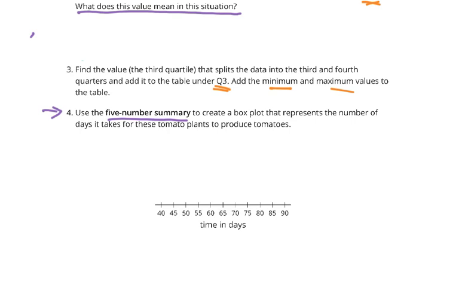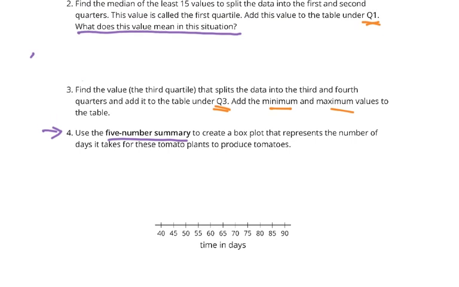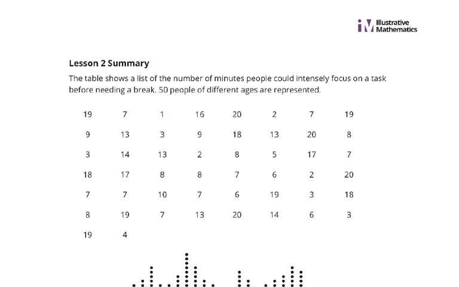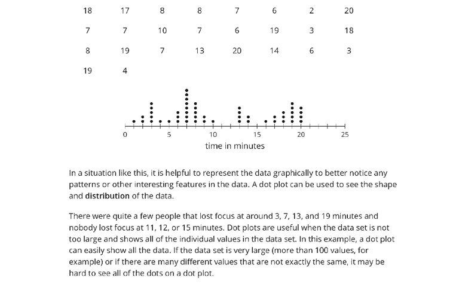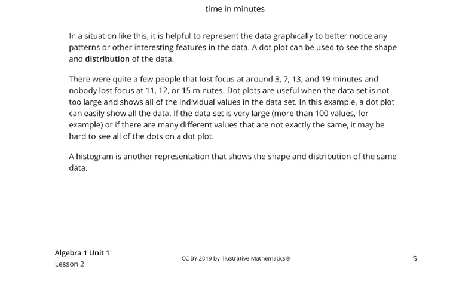Then you're going to notice on the next page, you've got a summary. So let's just say you get stuck. This is not the same data, but let's say you go, gosh, I really don't remember how to do a box plot. This summarizes what it looks like, right?